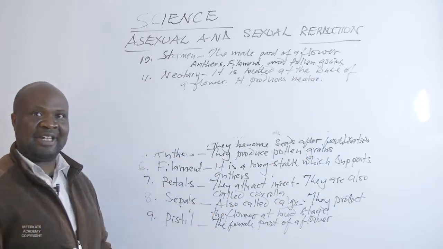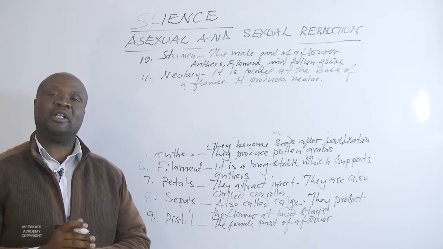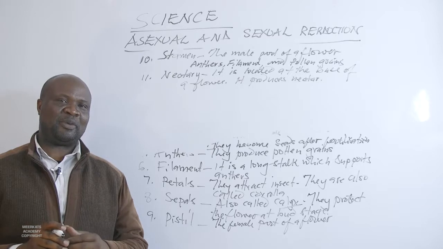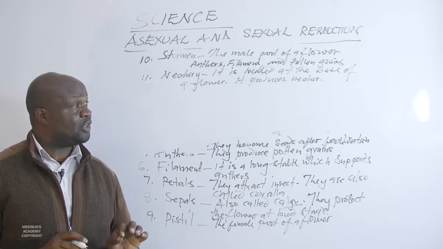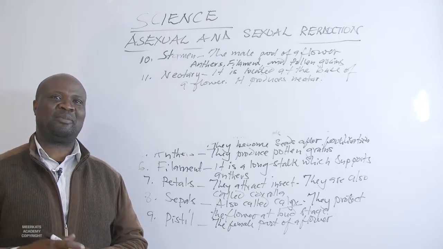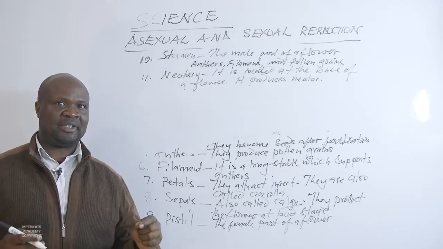So we have said the nectary is located at the base of the flower and it produces nectar. Why nectar? Nectar is produced with the intention to attract insects. When the insects are looking for this nectar, they carry out the process of pollination. They carry the pollen grains from the anthers to the stigma.